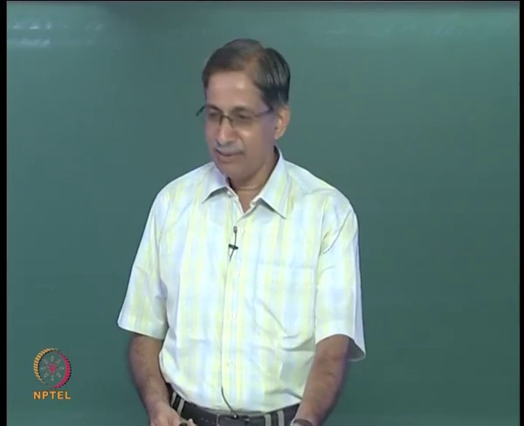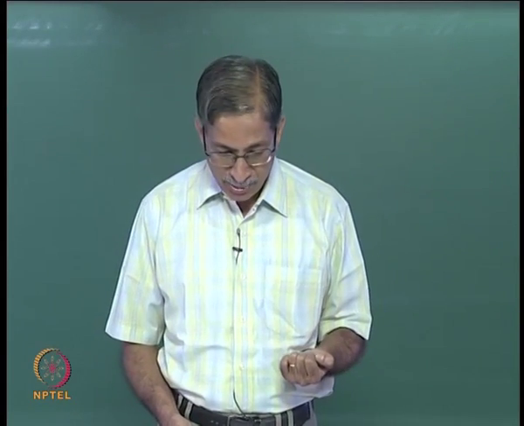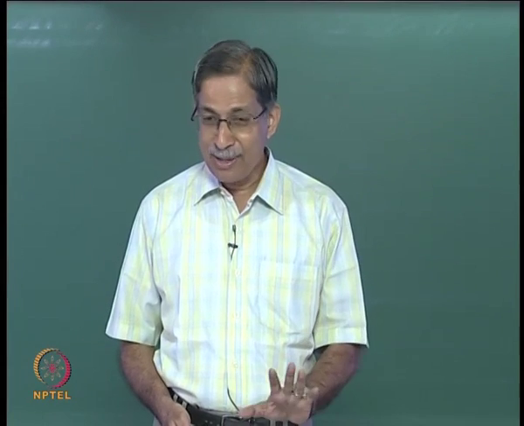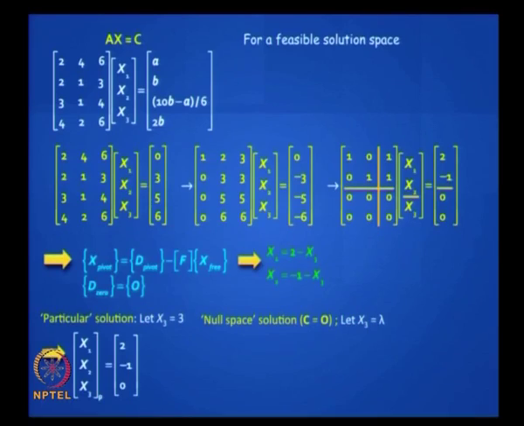For convenience we took x3 equal to 3, then you got a unique solution for x1 and x2, right. But this is not a complete solution, you have to take the null space solution. The easiest null space solution, let us take some scalar like lambda, let x3 be lambda, plug them into those equations, and you will find that if x3 is plus lambda, x1 and x2 must turn out to be minus lambda, minus lambda. So what is your complete solution?